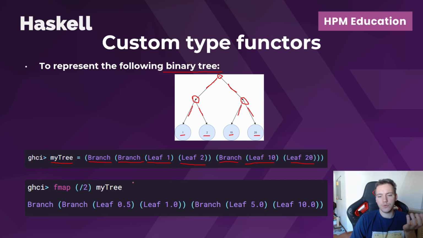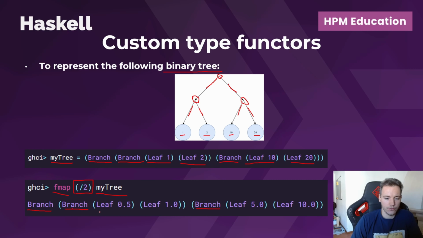And now, since we made this type into a functor, we have the fmap available to be used for my tree, and we can take an example where we map a function of divide by 2 to our tree. The result is that the structure remains the same, right? The root branch has two children, branch left and branch right.